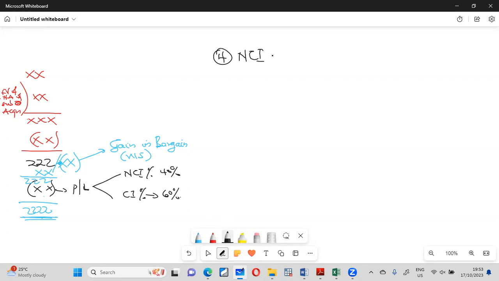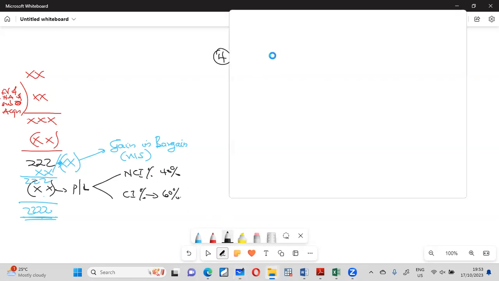Wherever you've seen NCI, we bring them together to do the NCI workings, and that is our workings number 4. Then the last one will actually be our workings number 5.